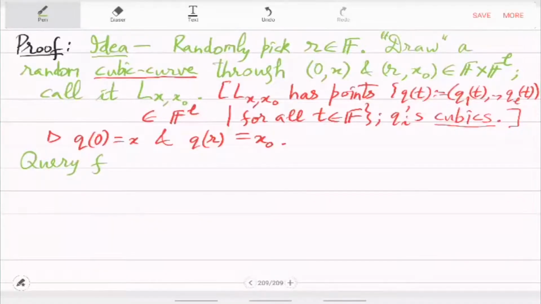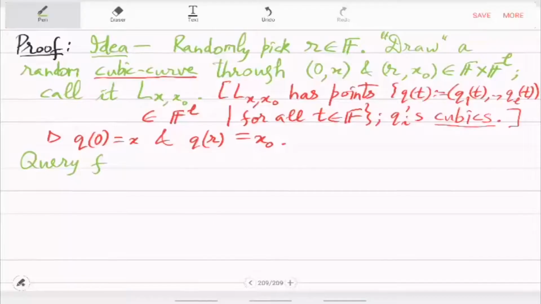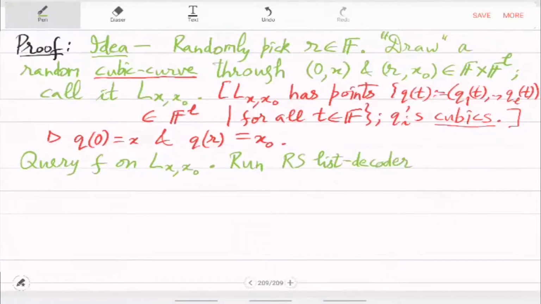So, we will only look at those evaluations which are at the points of this curve L. So, query f on L, x comma x0, run the Reed-Solomon list decoder to find a unique GT.